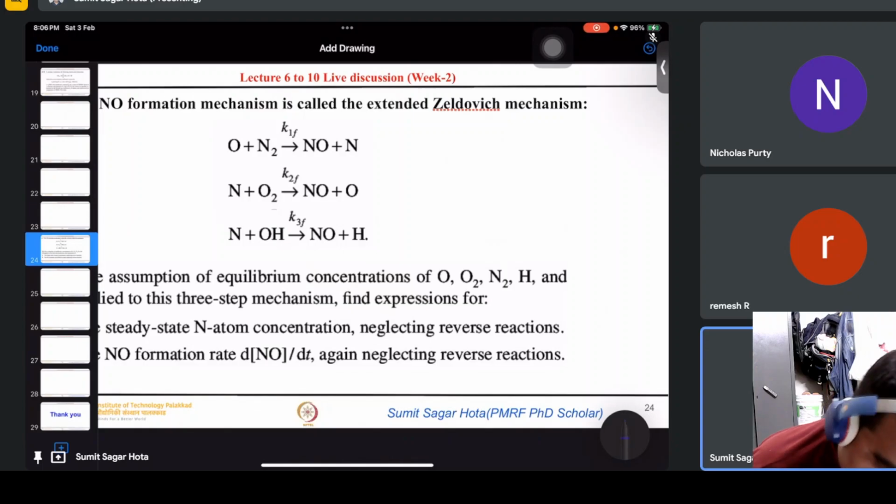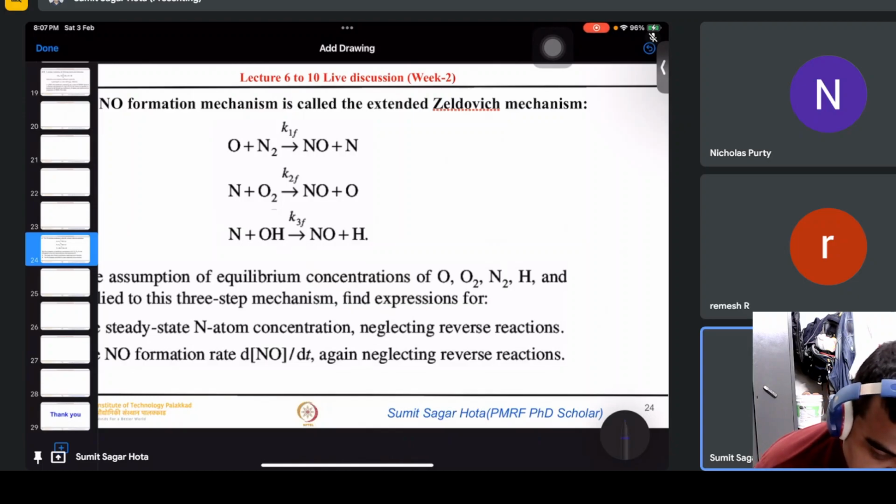And also the third is a product, that means K3F also positive. Always multiply with the reactant, don't multiply the product. K1F means forward reaction we are writing. In the reverse reaction you can write K1R into NO into N, and it will be negative, because in the reverse reaction NO is consuming.